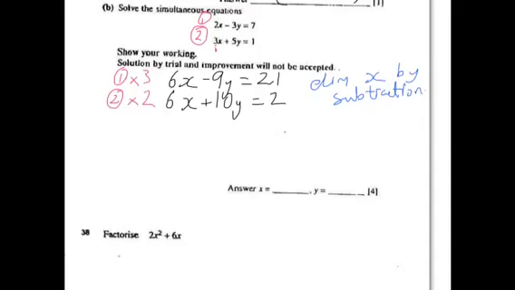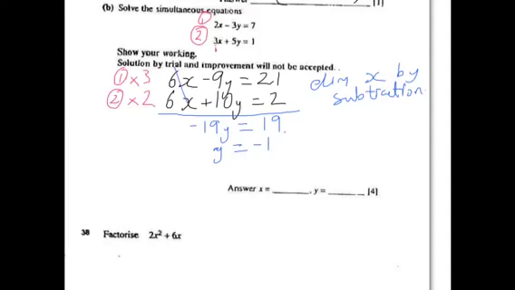The signs are the same. We've got a positive 6x and a positive 6x, so I eliminate them by subtracting. So 6x minus 6x, they cancel each other. Minus 9y minus 10y, so I get minus 19y equals 21 minus 2 is 19, and quite quickly we realize that y is equal to minus 1.